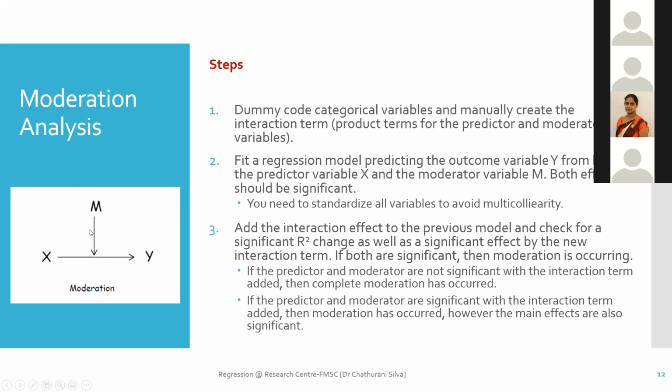Actually, you have to create another variable in moderation analysis, which is called the interaction effect, right? You have to multiply the predictor variable and the moderator variable, and that term should also be included in your model. Both the X variable, the independent variable, and the moderator variable should be there as predictors. In addition to that, the product term of these two variables must be included.